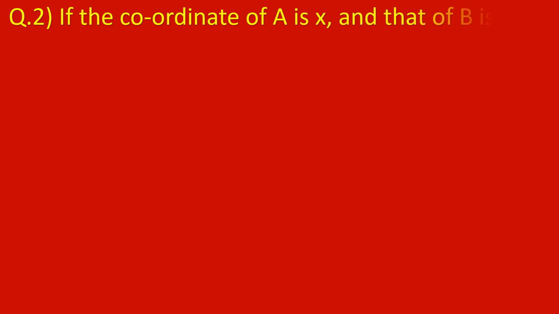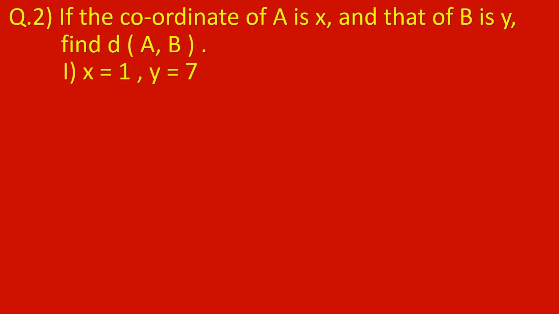Now question number 2 of exercise 1.1. If the coordinate of A is x and that of B is y, find distance AB. Here is the solution for question number 1: x equal to 1 and y equal to 7. Y is greater than x.